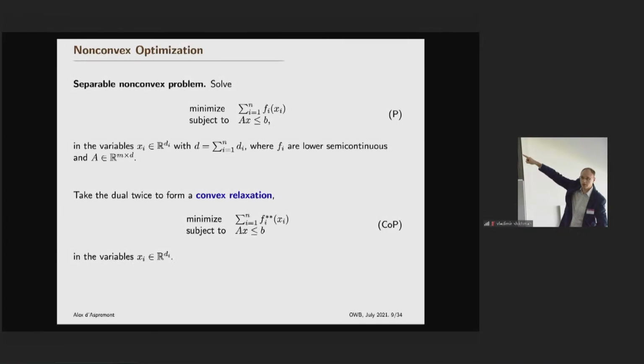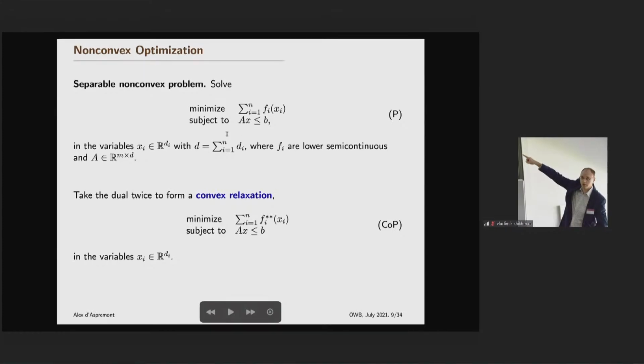So to simplify the analysis, I'm just going to detail the general idea on a very simple template of separable problems where you minimize the sum of f_i(x_i). So there's one block of variables per function in the sum, and you have a number of linear constraints, right?